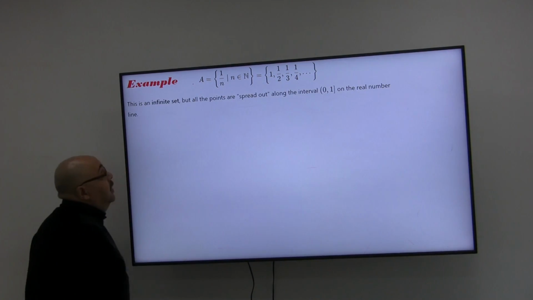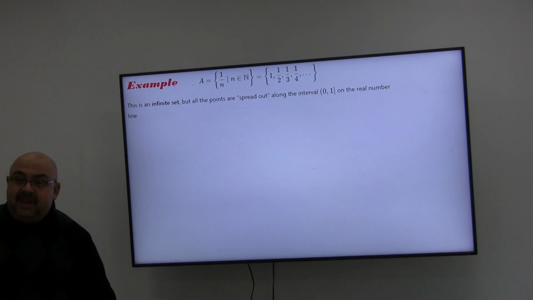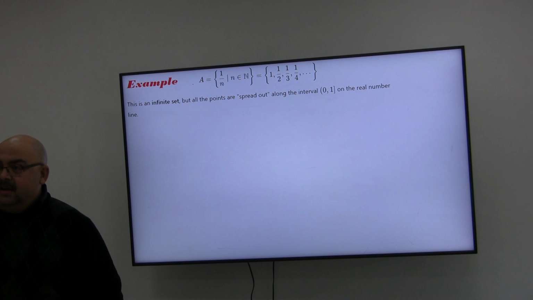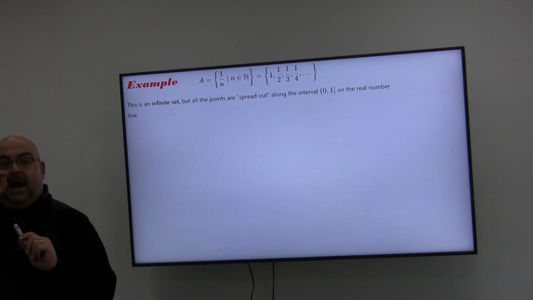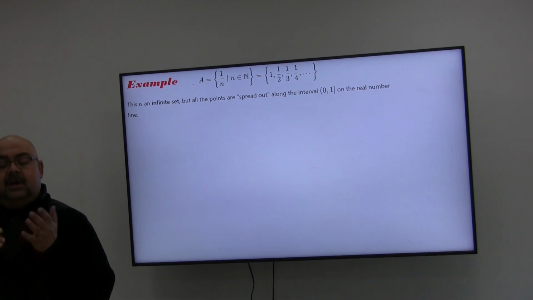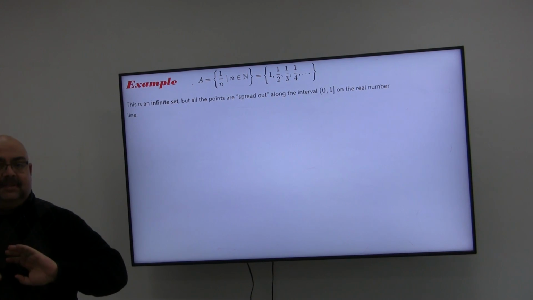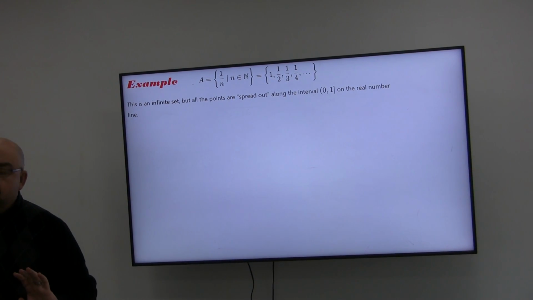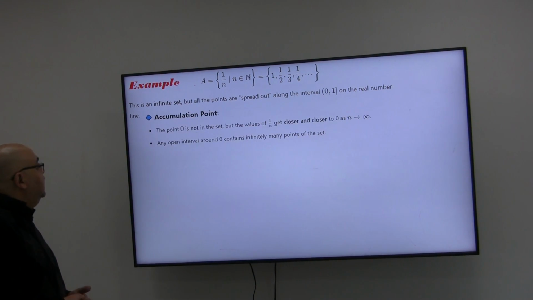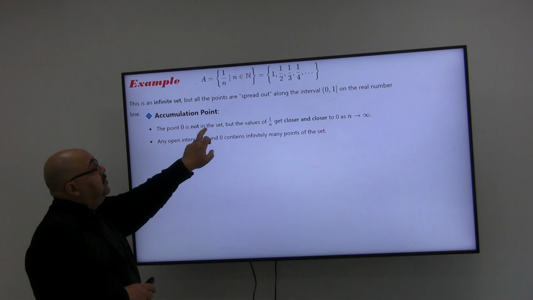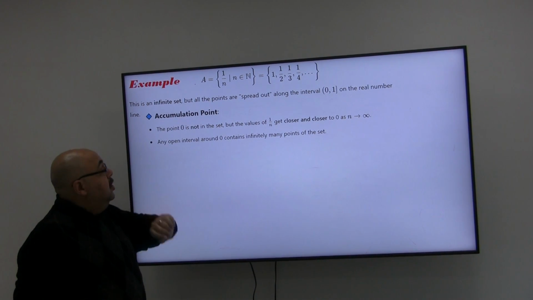Now look, these are 1, a half, a third, a quarter. If you look at them you will find an accumulation point. There are points that accumulate around, for example, zero. If I come to the point 0 and try to draw an open ball, you will find around the open ball a half, a third, right? There are elements belonging to this set. So zero is an accumulation point. But those points by themselves are isolated points. Once more, the point 0 is not in the set, but it's an accumulation point.